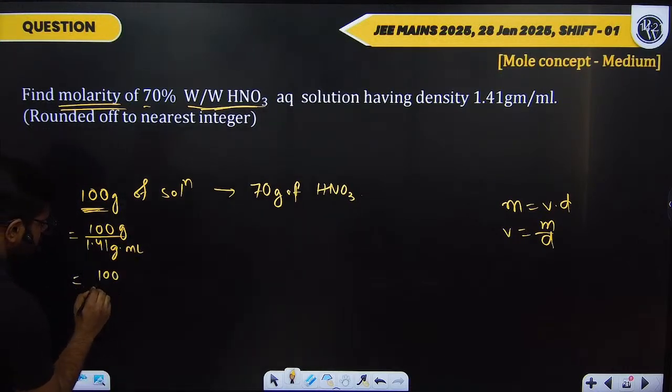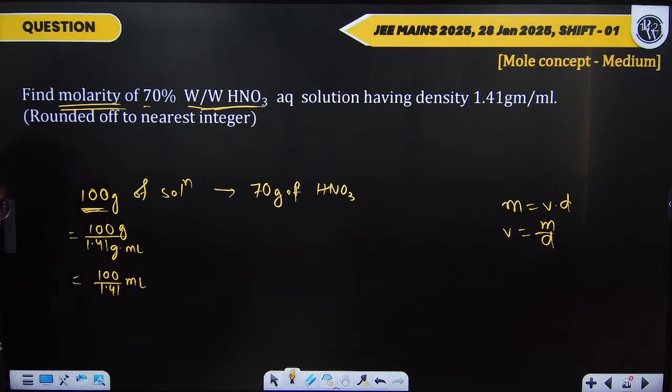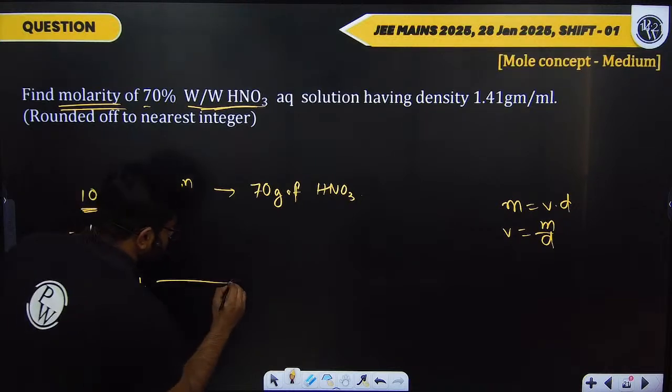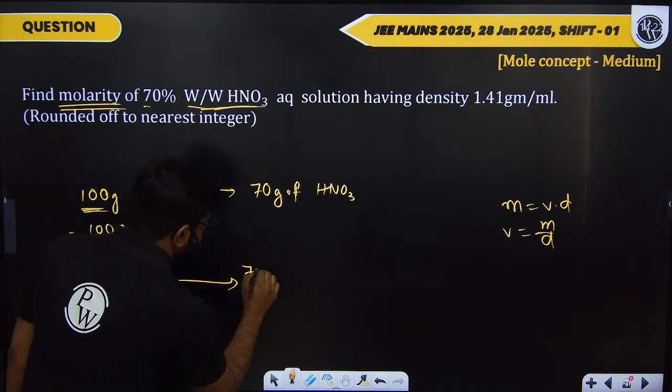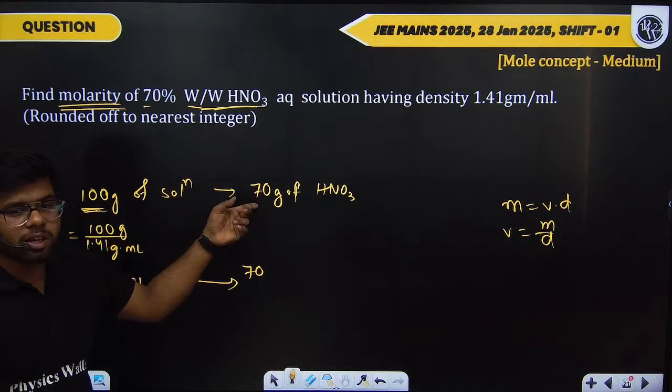So 100 divided by 1.4 ml of solution contains 70 gram. Now for molarity we need the number of moles. How can we get the number of moles? If I divide this by the molar mass.